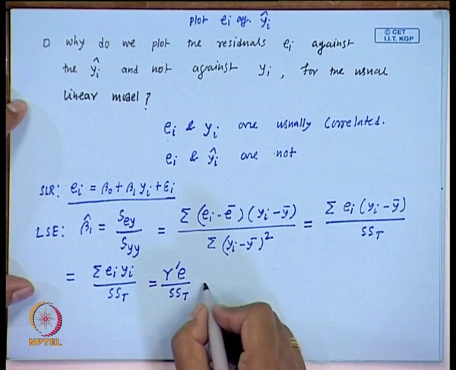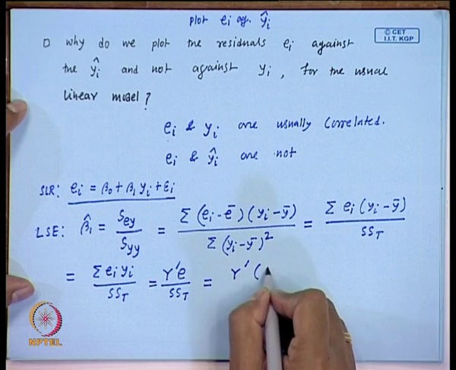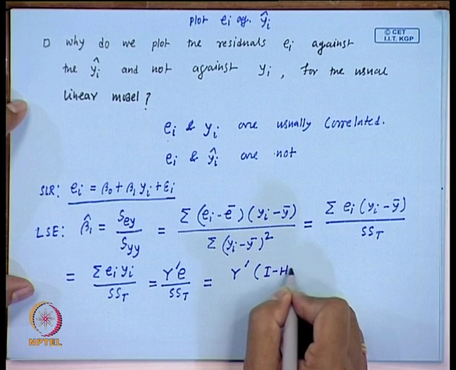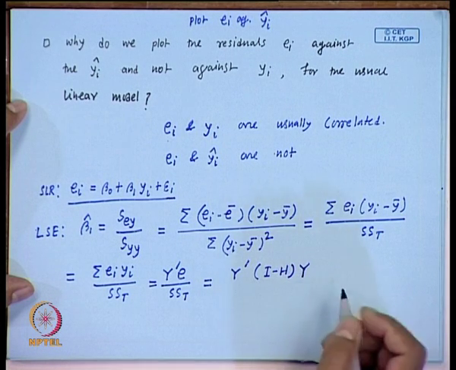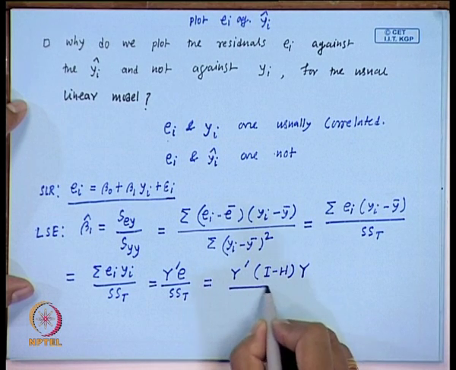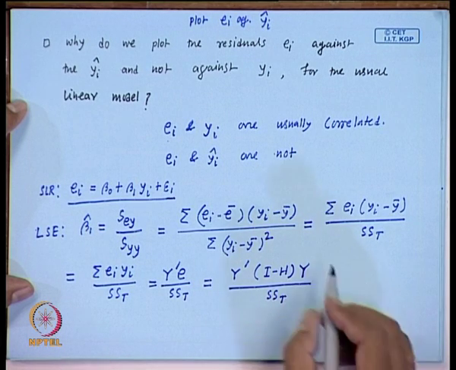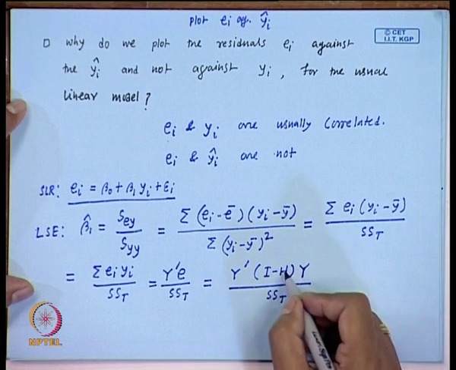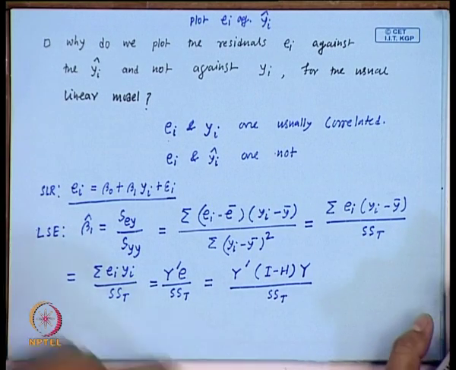Now, what is E in terms of H notation? We know E is I minus H times y, by SST. Since H is an idempotent matrix, I minus H is also an idempotent matrix.